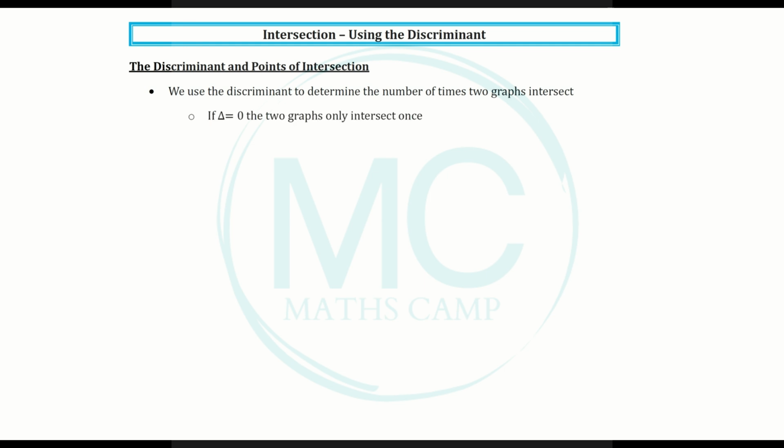If the discriminant is equal to 0, the two graphs only intersect once. If the discriminant is greater than 0, the two graphs intersect more than once. But if the discriminant is smaller than 0, the two graphs do not intersect at all. Please remember that if you are working with a curve or a circle and its tangent, they will only intersect once unless the question specifies otherwise.